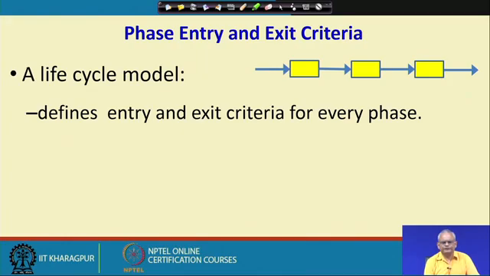Another team may say that we need to review, and so on. So, for unambiguous interpretation of the life cycle model, every phase must have entry and exit criteria, that is, when a phase can start and when it can end.